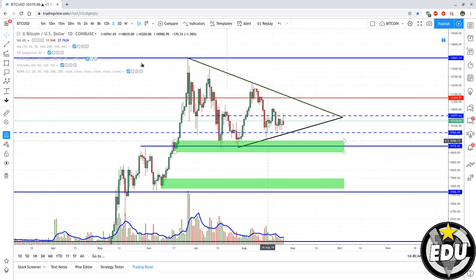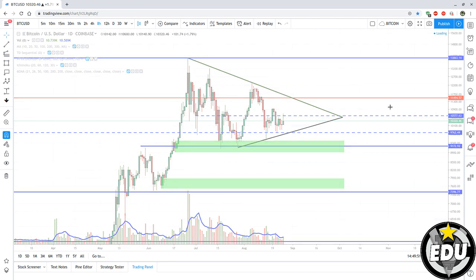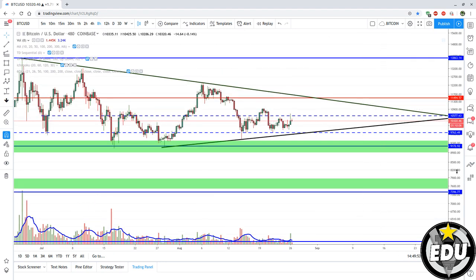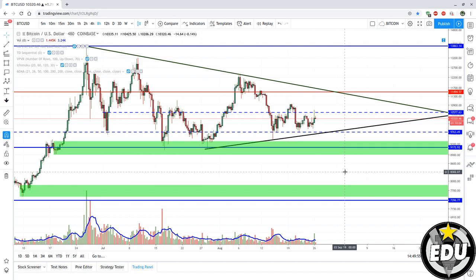On the other hand, if you are scalping on the lower time frame, you have to go based on order blocks that are inside the triangle. And as I say, in the margin trading channel, we are scalping the hell out of Bitcoin.